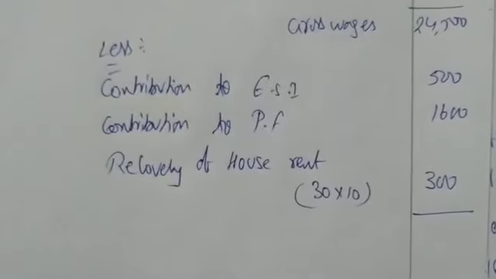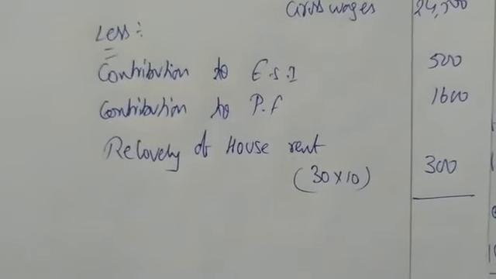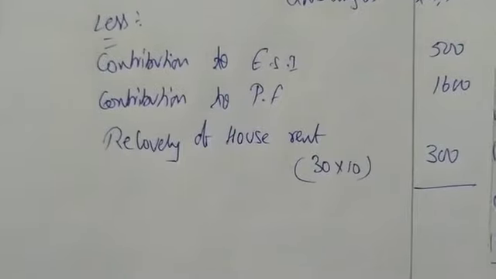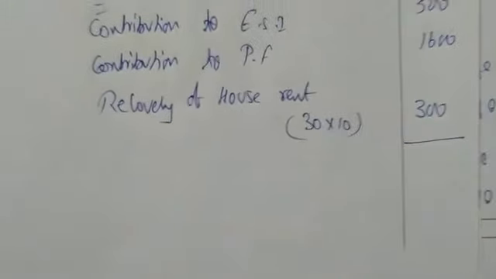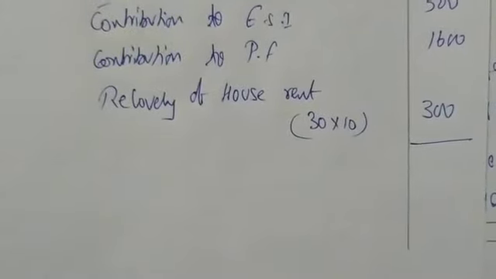Okay, so let us do the total. 24,500 minus 500 minus 1,600 minus 300. So we are getting 22,100, cash to be paid by the employer to the employee per month.